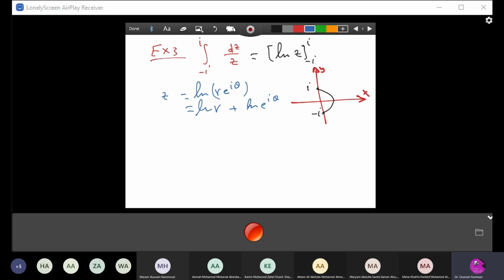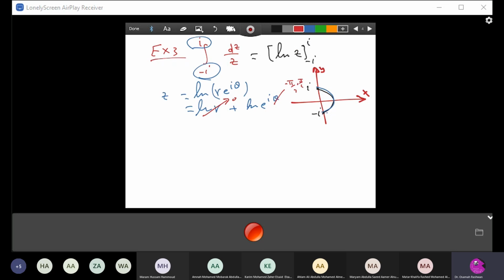And what's theta? ln r is the magnitude of z. If I'm going from here to here, I go along the half circle with radius 1, so r is 1, and this one will be completely 0. So ln r will be 0, and theta will be from minus pi over 2 to pi over 2.